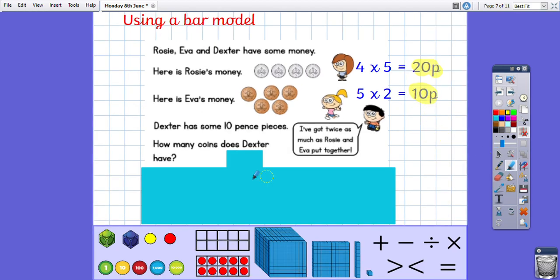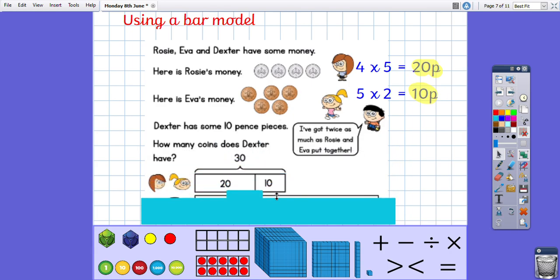Okay, so in a bar model, you would put those together. So 20 add 10 is 30. So that is what Rosie and Eva have got. Now we know that Dexter has got twice as much. Remember from last week when it was twice as much, what did you have to do? We had to times it by 2.